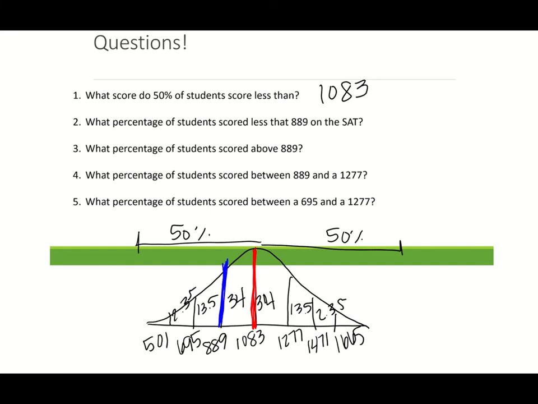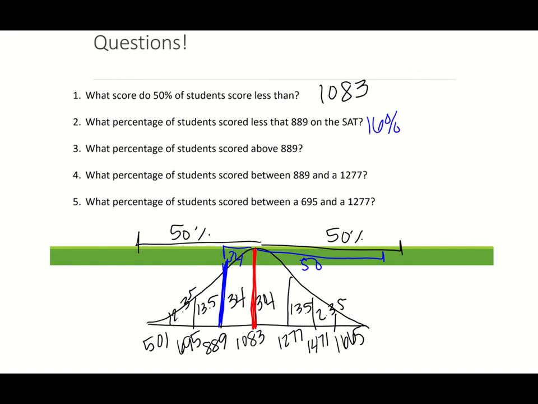To be the most accurate, I want to add up everything to the right and subtract from 100, because I know that this is 50% over here. So I can take 50 plus 34 to give me 84, and I can subtract that from 100. So 100 minus 84 is going to give me 16%. So 16% of students score less than an 889.